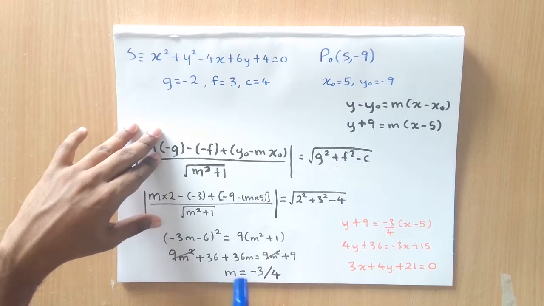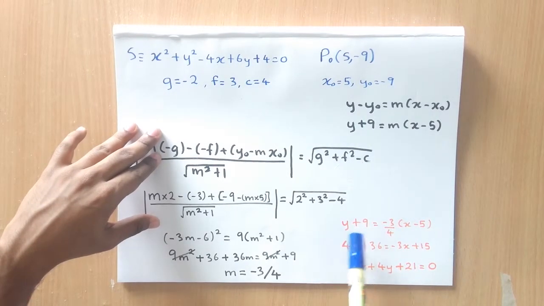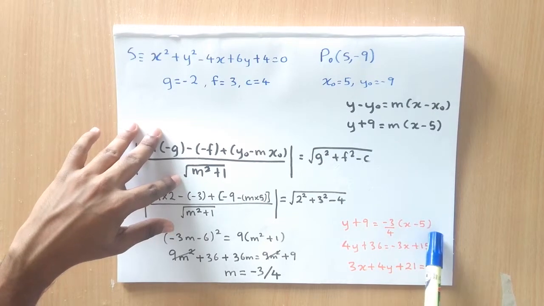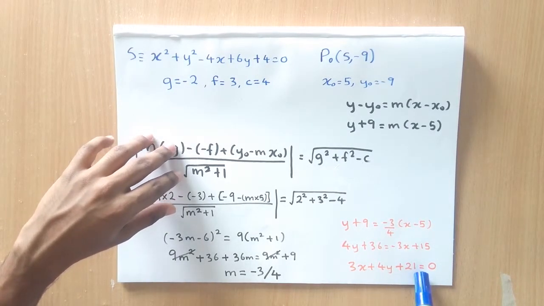So now we substitute this gradient into this equation. That will be y plus 9 equals minus 3 upon 4 into x minus 5. So finally we get the equation of the tangent as 3x plus 4y plus 21 equals 0.